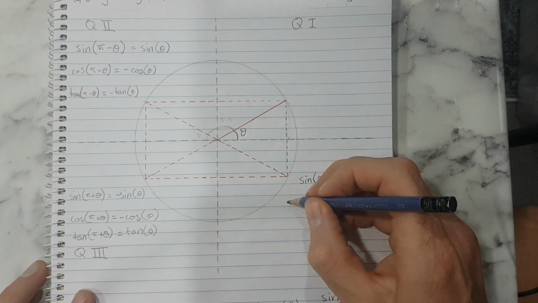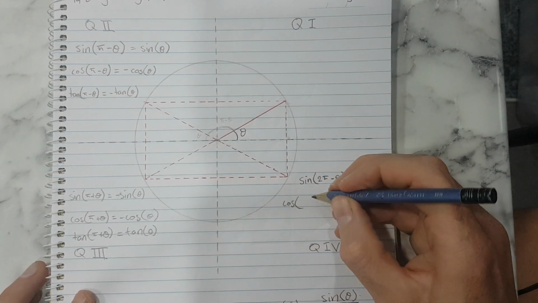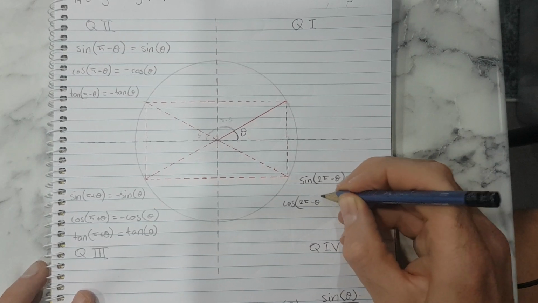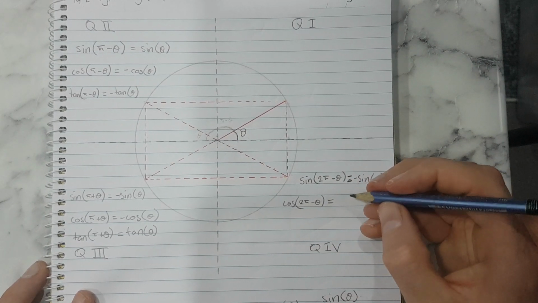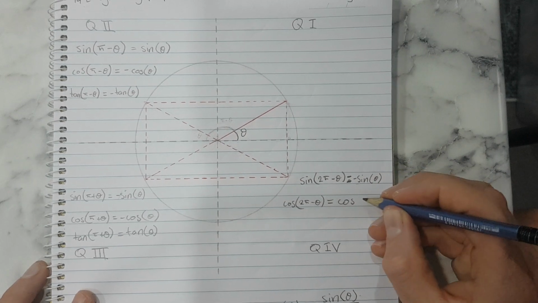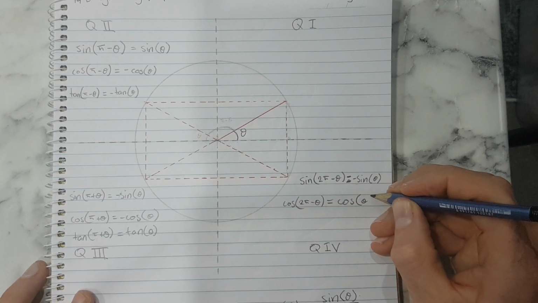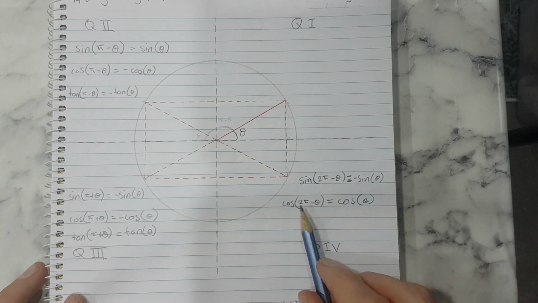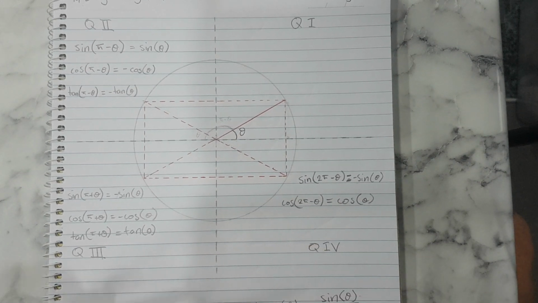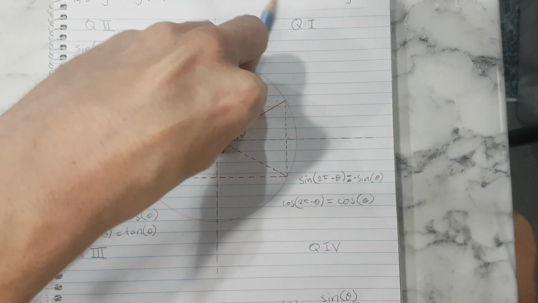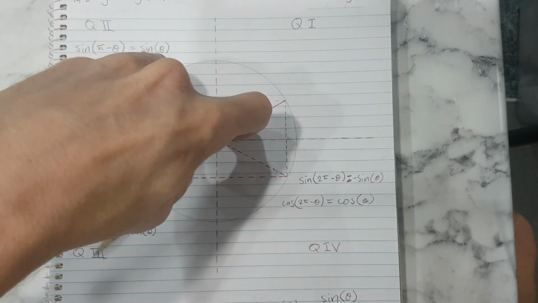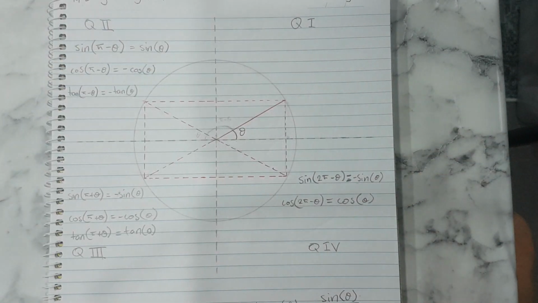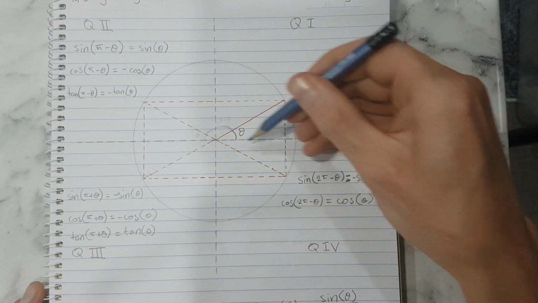And we have cosine of 2 pi minus theta is equal to cosine theta. Right, so again we're going around 2 pi radians, so there's pi, right around to 2 pi minus theta, back to here, considering this triangle again.